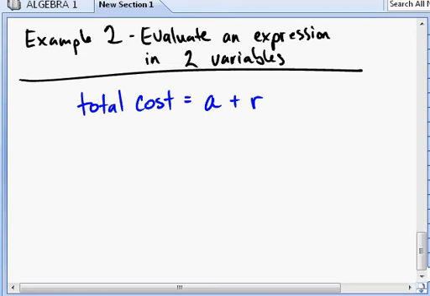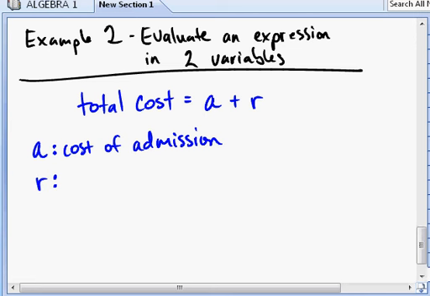Okay? A. And R is the cost of what? What's R represent? The cost of the... Tickets? Well, if it was tickets, they would probably put a T. And the A is the tickets, really. The cost of admission. That's your ticket. What else do you spend money on at the movie theater sometimes? Yeah, the R stands for refreshments, right? Because it's R.